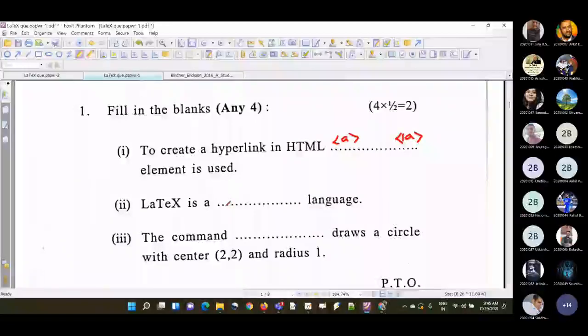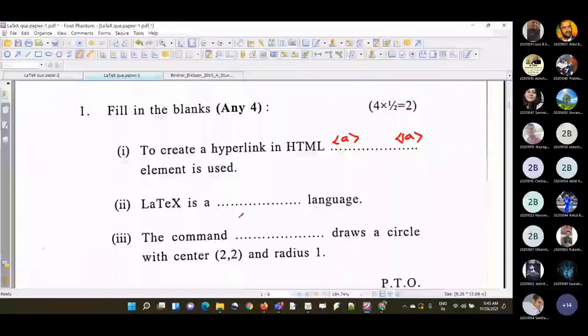We cannot say that this is a case sensitive language, but that is one kind of restriction on it. Sometimes there is no restriction whether you are writing in caps or small, but that is another thing.